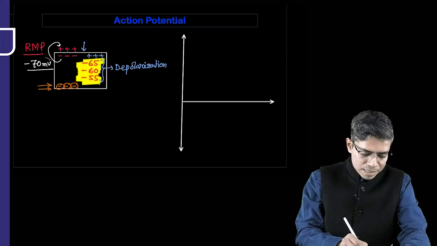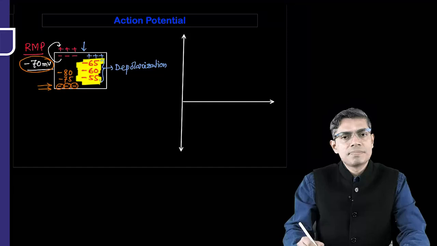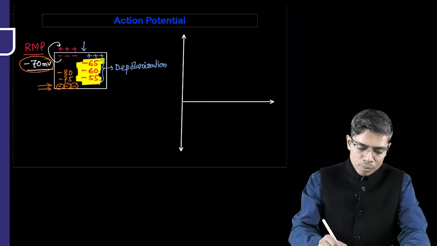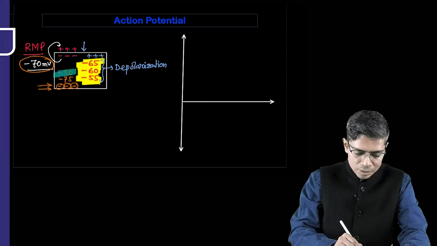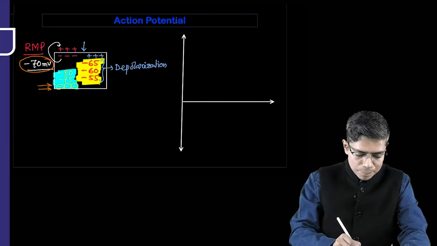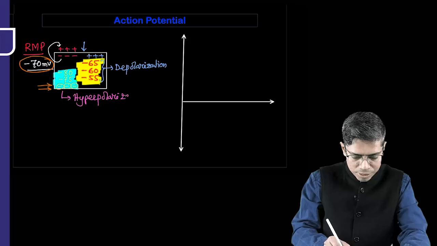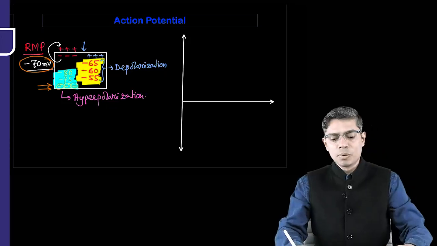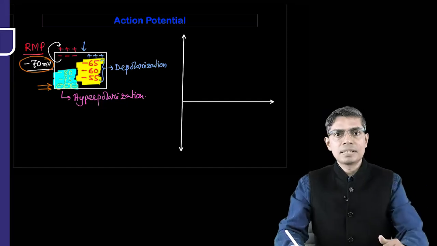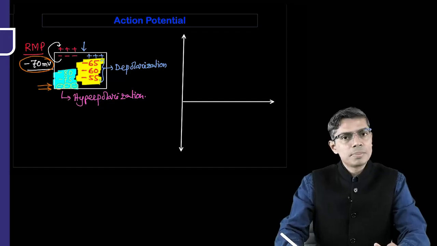It means if the RMP is minus 70 millivolt, the cell will be more and more negative, for example minus 75, maybe minus 80, maybe minus 90, etc. This kind of more and more negativity of the membrane potential is known as hyperpolarization. Getting my point? This is a very simple concept: more positive with respect to RMP is depolarization, and more negative with respect to RMP is hyperpolarization.